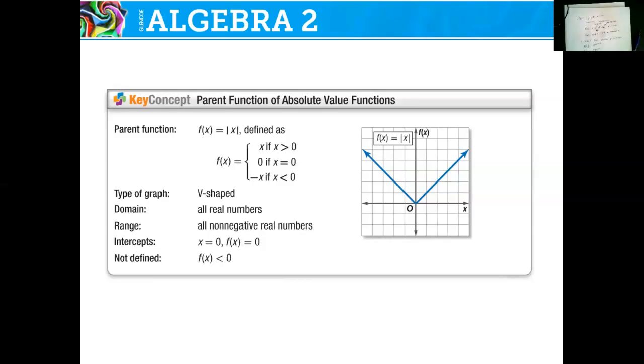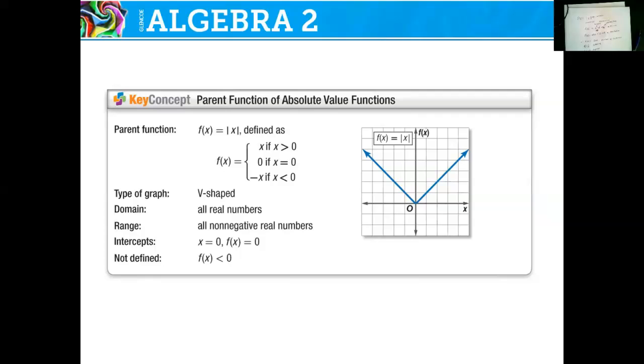With an absolute value function, if it's pointed like this, you're going to have a minimum value of the range. So in this case, y is not going to be less than 0. If it was the absolute value of x minus 2, y is not going to be less than negative 2. But your domain is always all real numbers.